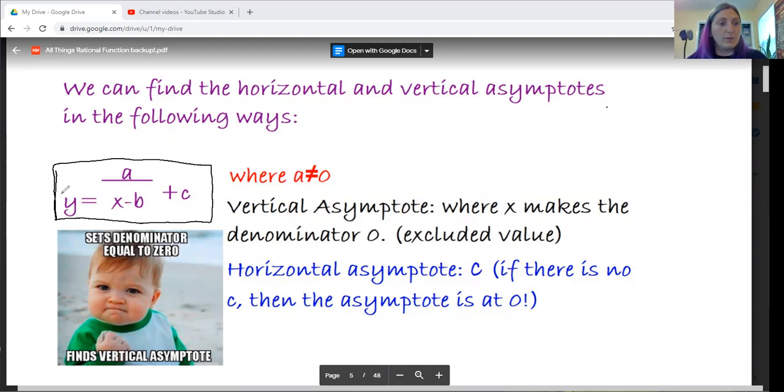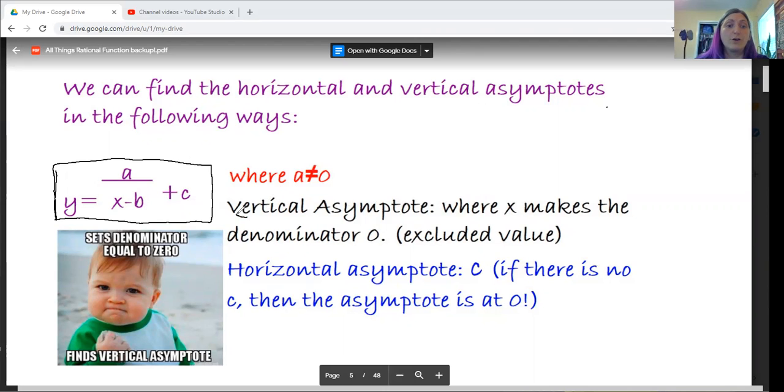So here we have y, or f of x, equals a over x minus b, and notice your x is always in the denominator. And then on the outside, we have plus c, where a does not equal 0. Obviously, you're not going to have it being 0, because then y equals 0. That's just the x-axis.